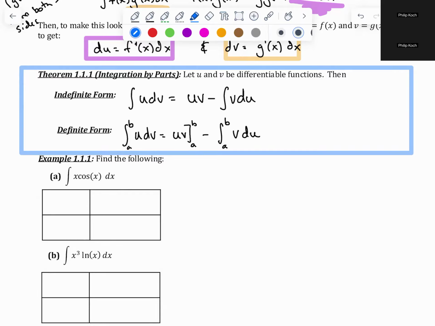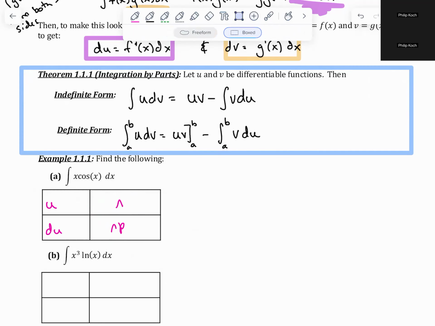Now, it all depends on your textbook. Some people will make it u and then dv, and then they'll write du and then v here. Other textbooks will flip-flop these ones.